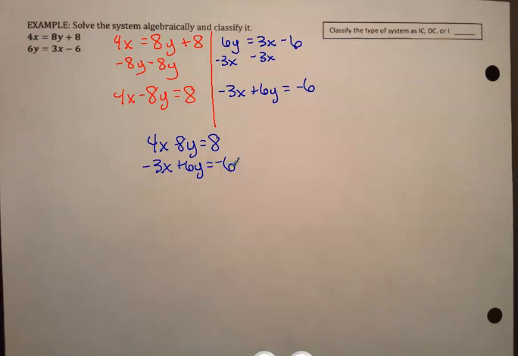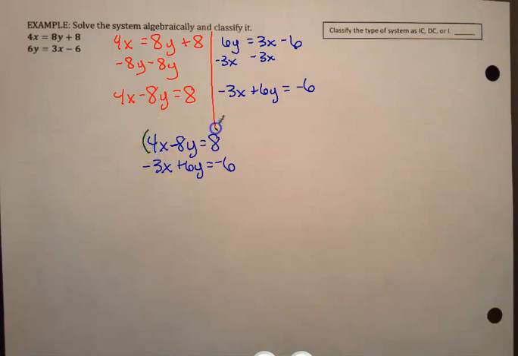Well, man, neither of these are factors of the other one, right? Like, I can't multiply 3 to get 4. I can't multiply 6 to get 8. So in this case, I have to multiply both equations to get a common multiple. So if I'm looking at these, I'm going to focus on the x's because the numbers are smaller. 4 and 3 have a common multiple of 12.